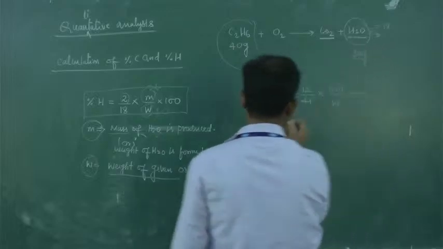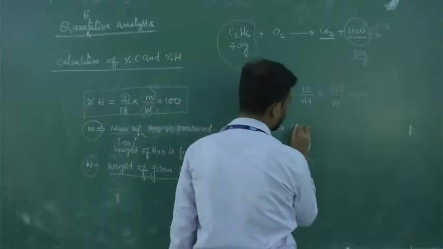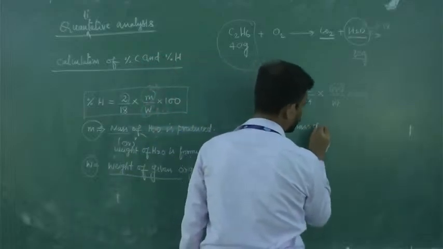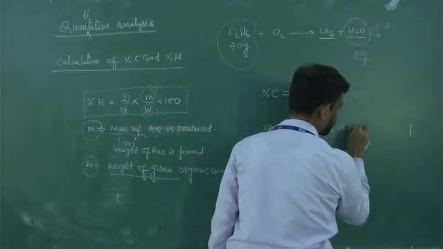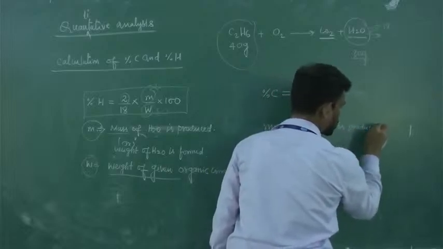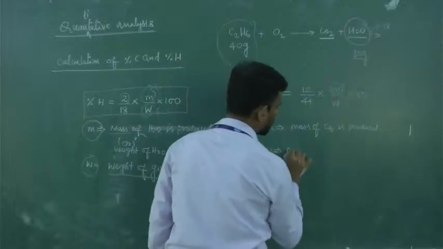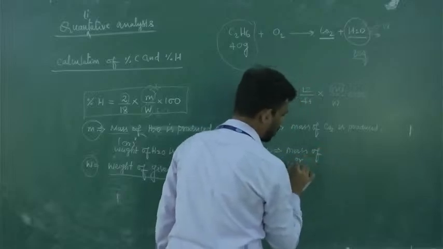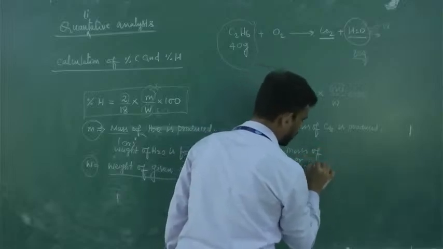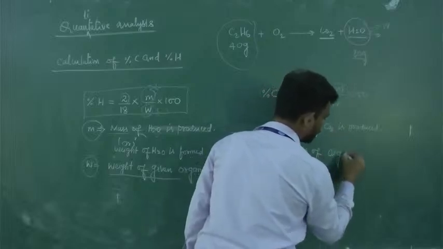What is m? m is the mass of CO2 that is produced. W is the mass or weight of the organic compound.